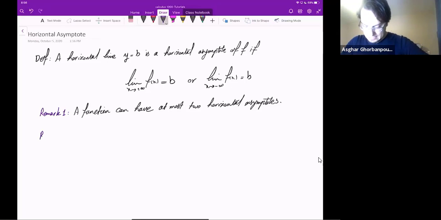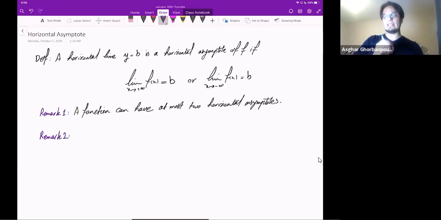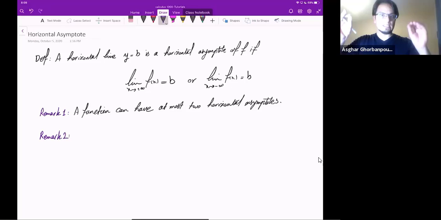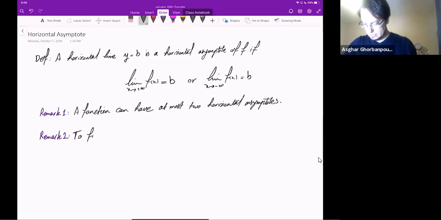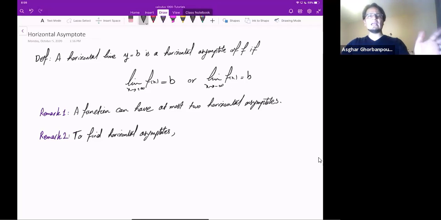The second thing is that unlike the vertical asymptote, you don't need to be worried about what we are going to let x go to infinity. You don't need to find candidates. You just start finding limits. So to find horizontal asymptotes, we just find these two limits.